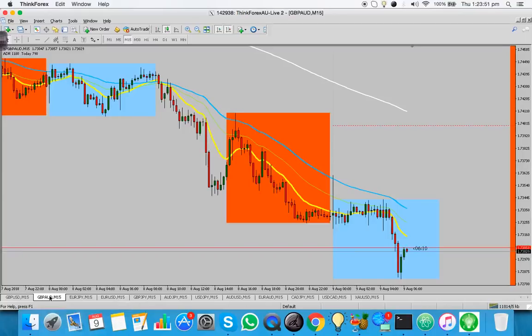Okay, there's two ways of looking at it. One is that if you've got two economies that are equally as strong, then usually you just want to pay attention to the cross pairs. That you're not going to trade the major. But in this case, when you're looking at the US and the UK, there are different reasons why each economy is strong. So you want to pay attention to that with fundamentals.